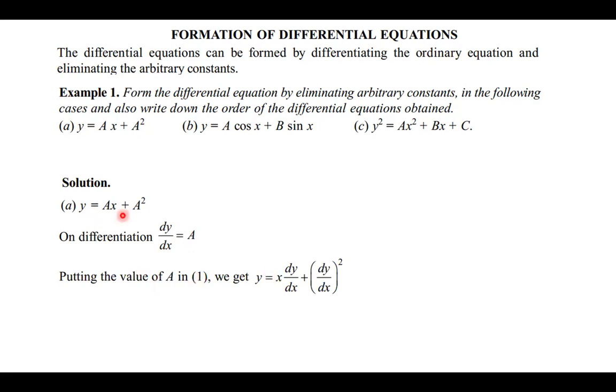Where there's a, we put dy/dx; the x stays as it is. And then we have a squared, meaning where there's a, we put dy/dx. So this is our resulting differential equation. The degree is 2, because that's the power of dy/dx, and the order of this differential equation is simply just 1.